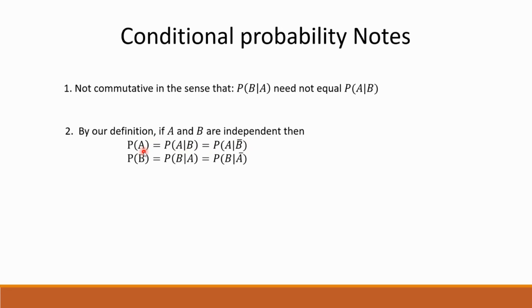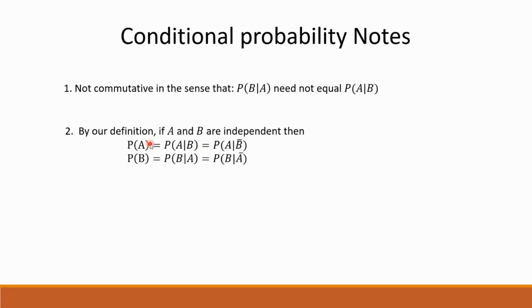So the probability of A occurring is not affected. It's the same if B occurs, hence the probability of A equals the probability of A given that B occurs.